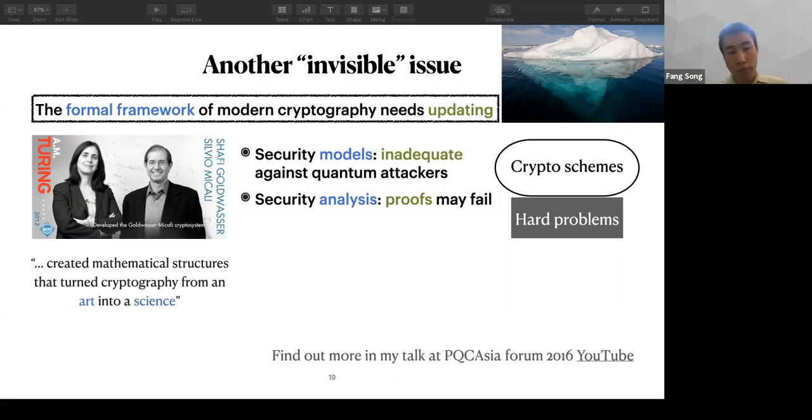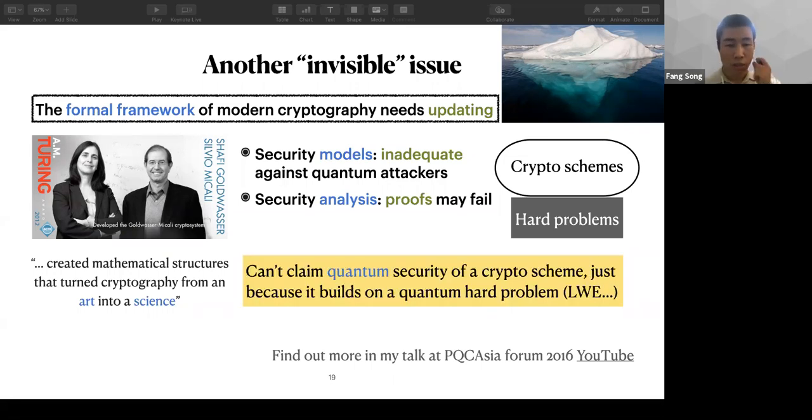Okay, so both of these two components could fail in the presence of quantum attackers. There are unique quantum attacks which are not covered by the classical security model, right? And also, some of the security proofs may become inapplicable against quantum attacks.